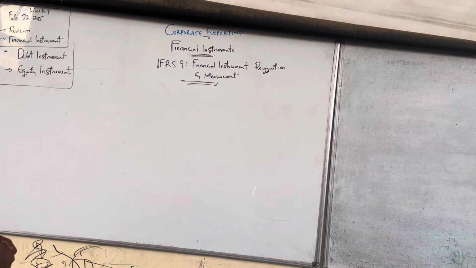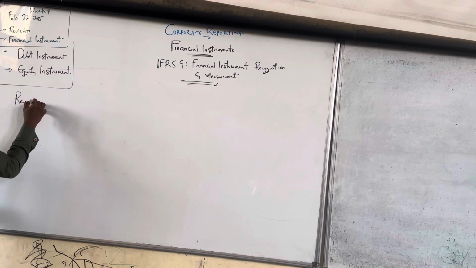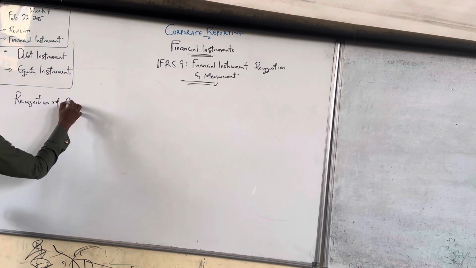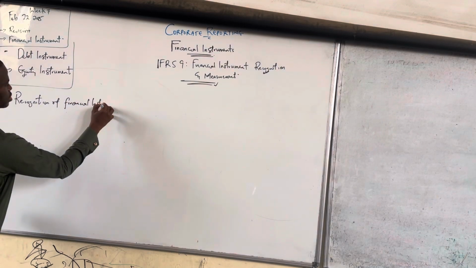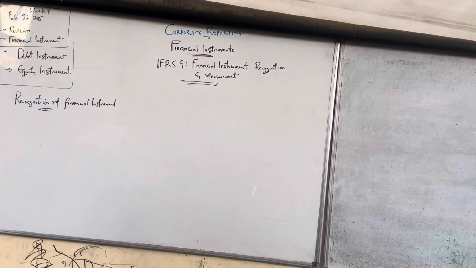So let me start with the first one, which is recognition of financial instruments. So when do we recognize financial instruments in our books? What is the recognition criteria for financial instruments?